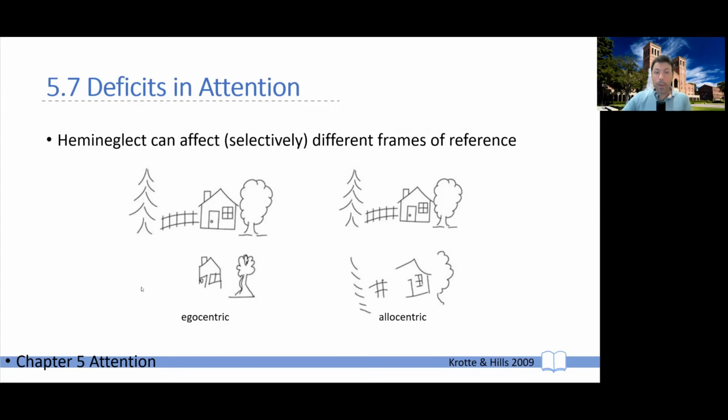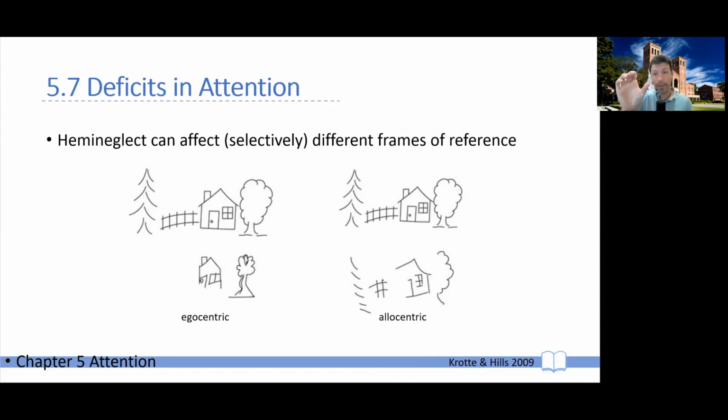However, you can also have allocentric HemiNeglect. And this is when the impairment is based on the object. So what you are ignoring is the left of an object, not your left, but whatever is the left of the object. And in fact, it doesn't even matter what the position of the object in space is.